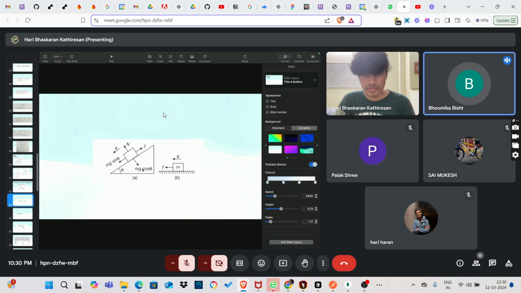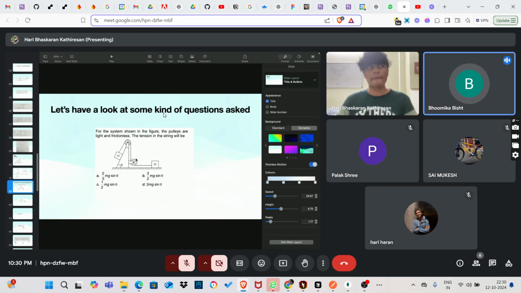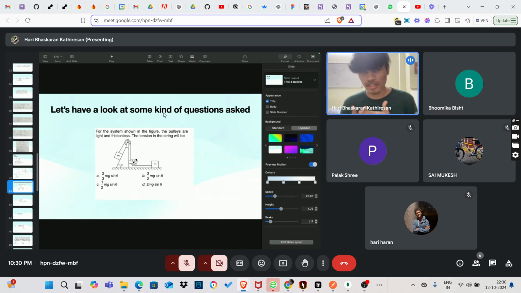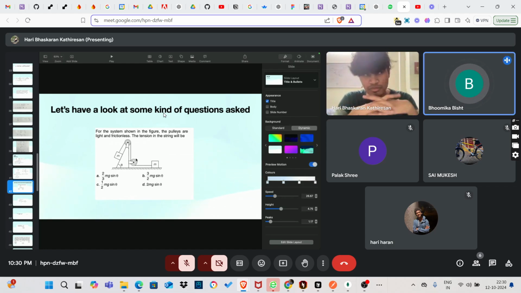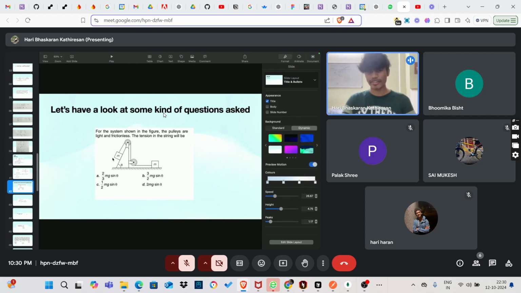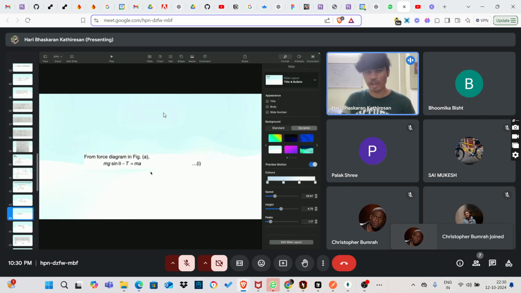Mg sin theta will be equal to the tension. It is equal to tension when it is stationary, right? Since it's moving downwards with acceleration a, mg sin theta minus tension would be ma. So, mg sin theta minus T equals ma.